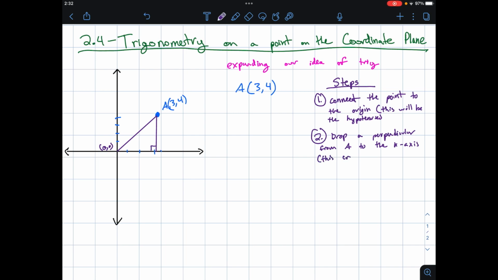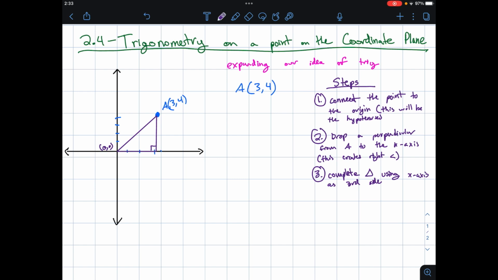This creates the right angle because we're trying to have a right triangle. And then step 3, we're going to complete the triangle using the x-axis as the third side. So I'm just going to complete my triangle here.